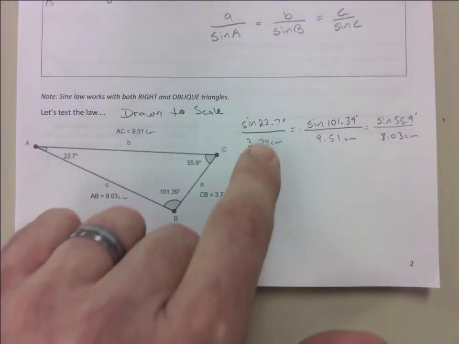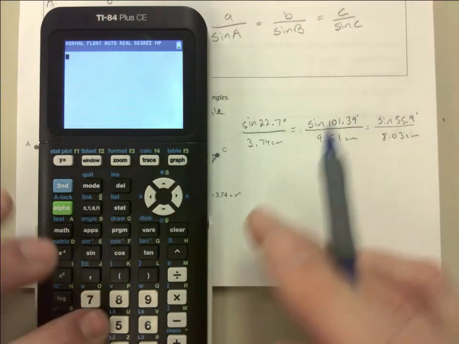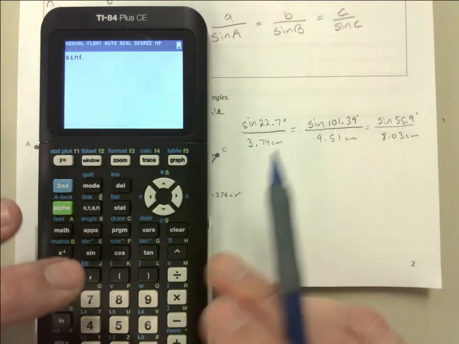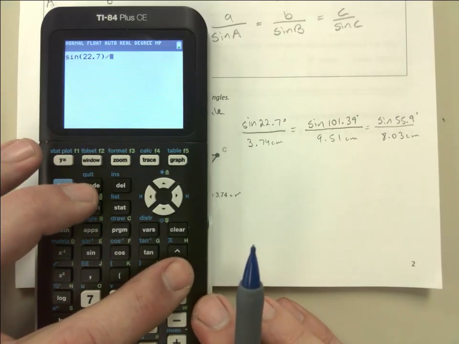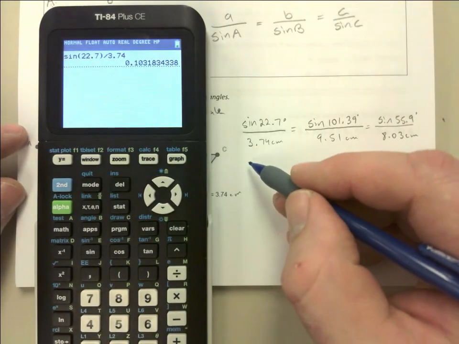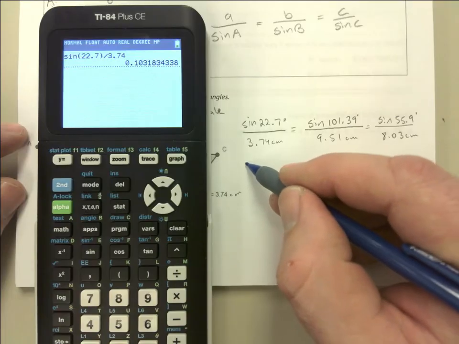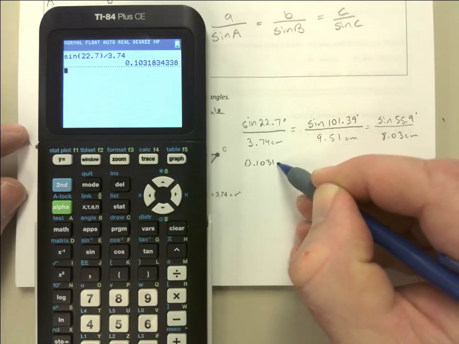So let's divide this. If you take your calculators, I would encourage you to do that. I'll press sine of 22.7 degrees, close the bracket just to make sure it doesn't mix it up. And let's write down at least the first couple of decimals: 0.1031, and that keeps going.